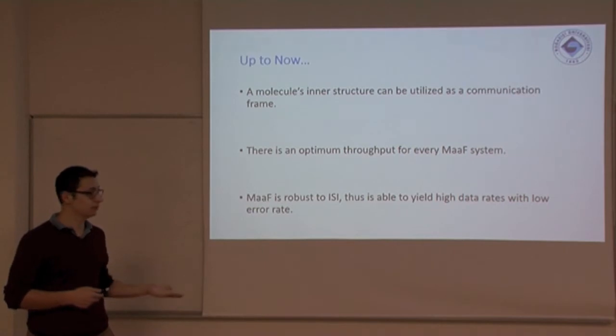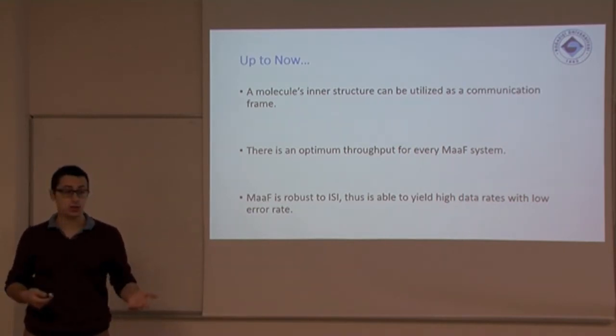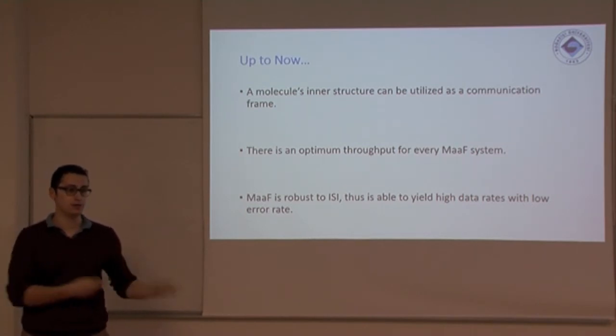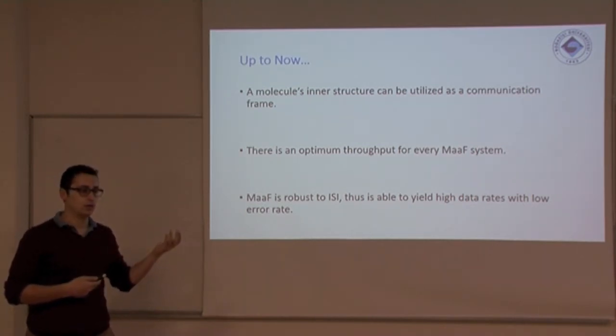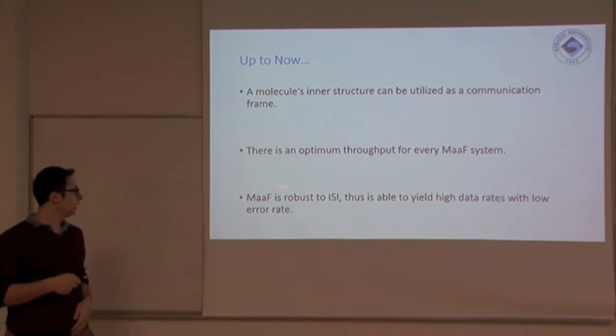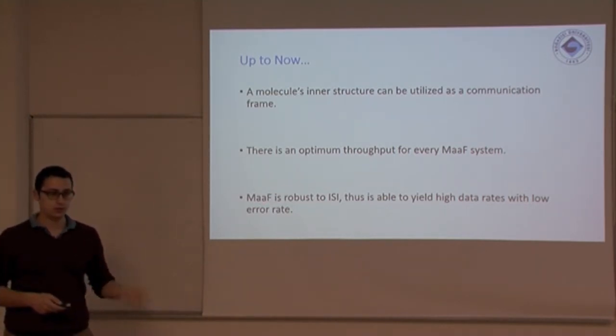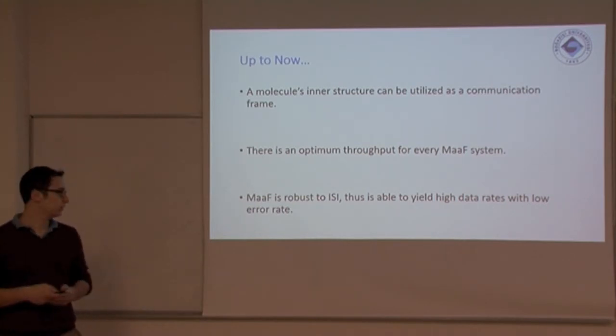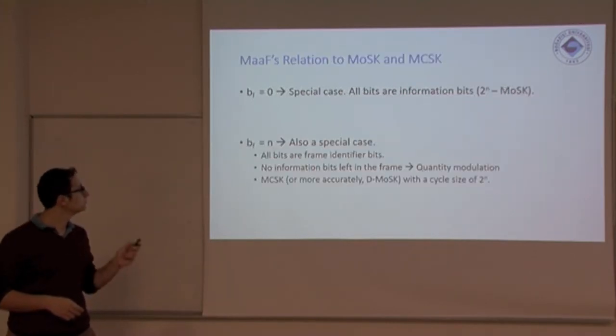Mind you that this optimum point may in some scenarios be located on the extreme ends, but generally speaking, it's somewhere in the middle. Anyway, molecule as a frame, with its BF frame identifier bits, is robust to ISI, so it's able to yield high data rates with low error rate.